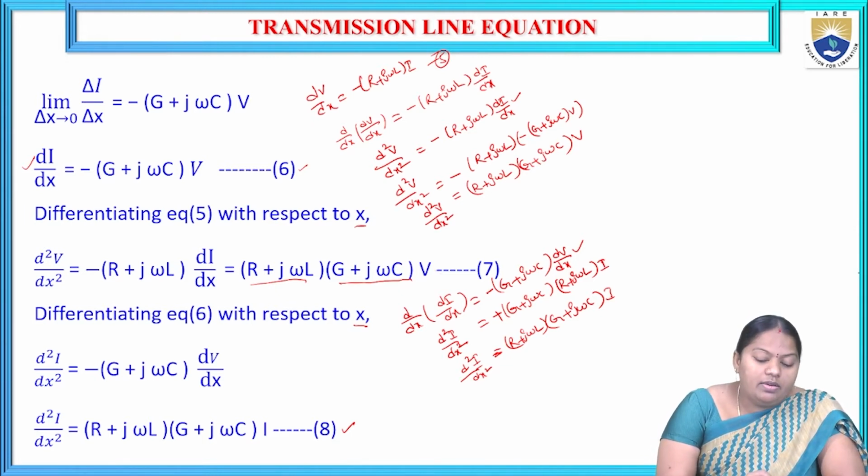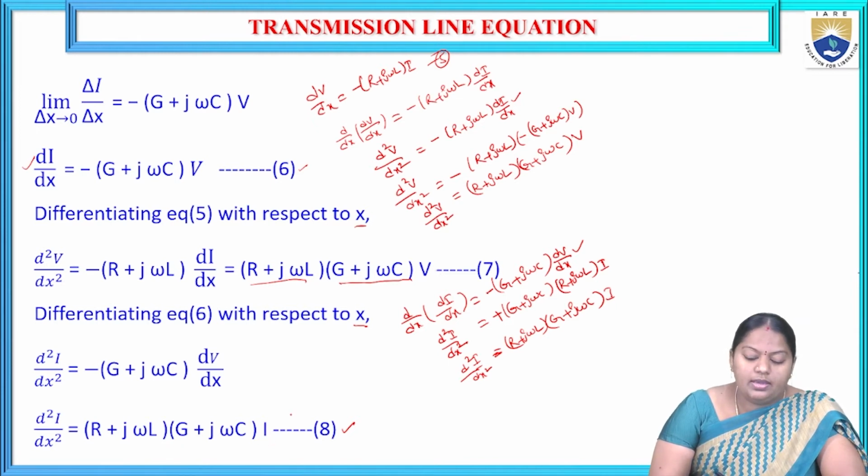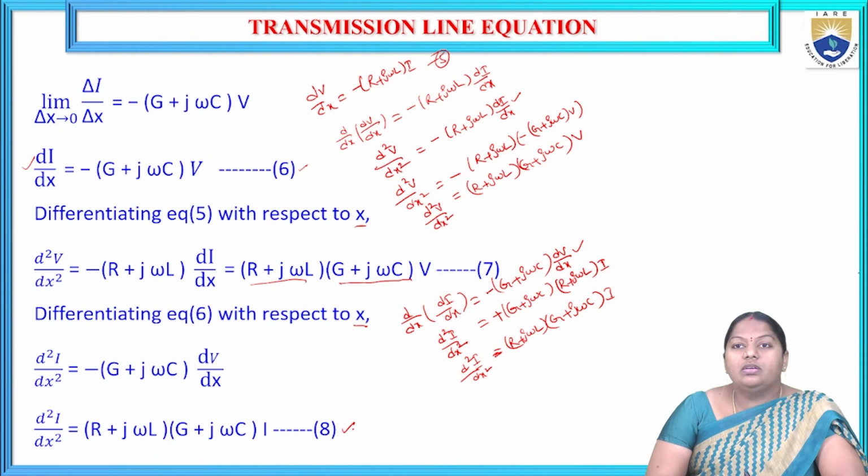See, here from equation number 7 we have got d square v by dx square equal to r plus j omega L into g plus j omega C into v, and from this, d square I by dx square equal to r plus j omega L into g plus j omega C into I. So consider this as equation number 8.